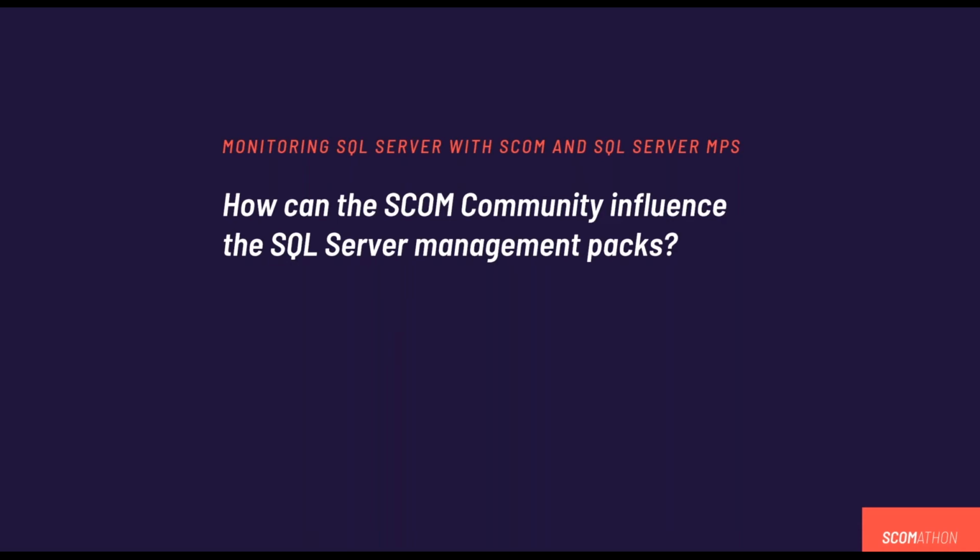Another way is to use an email alias that I believe we will share as part of this. Using that email alias, the feature request could go directly to our team, to the SQL PM team and engineering team. So that's for the feedback on features.